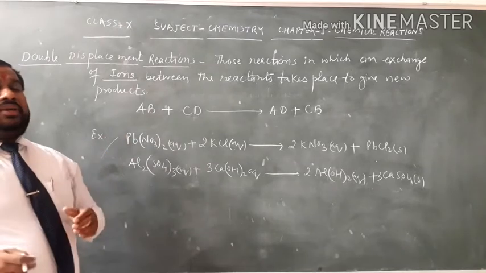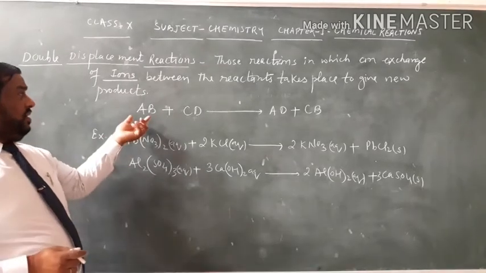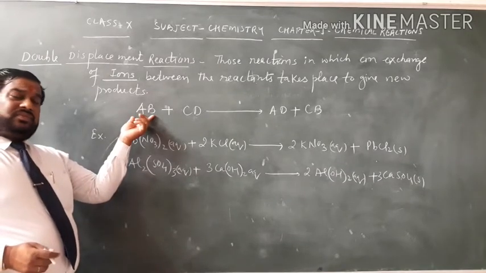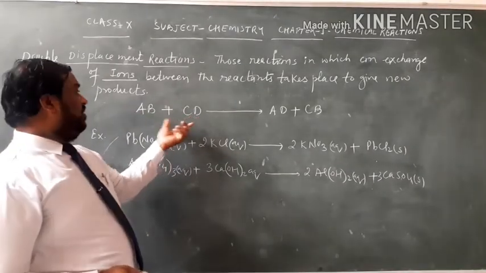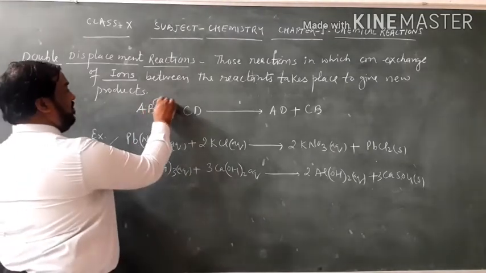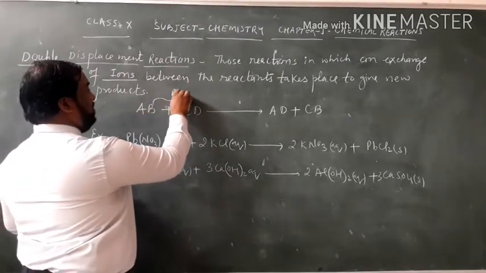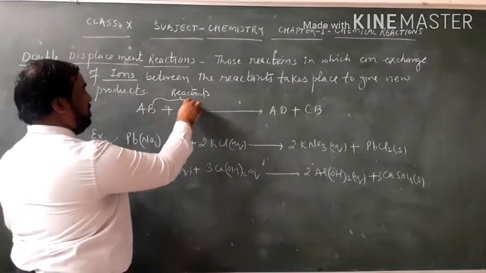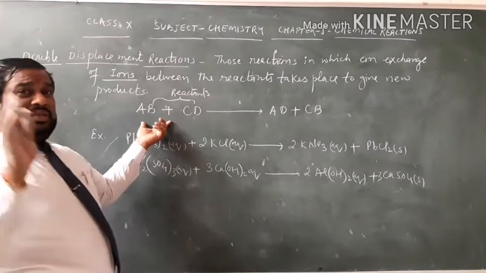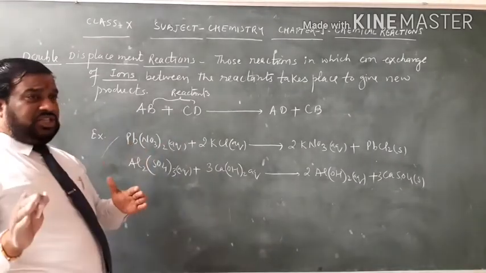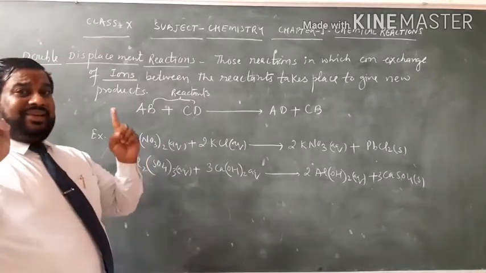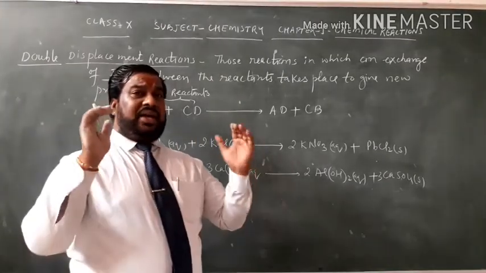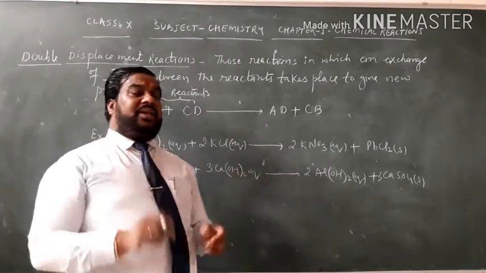In general way, suppose that AB and CD both are reactants. So these reactants first form cation, that is positively charged, and anion, that is negatively charged.